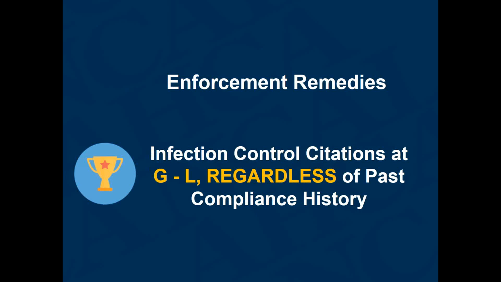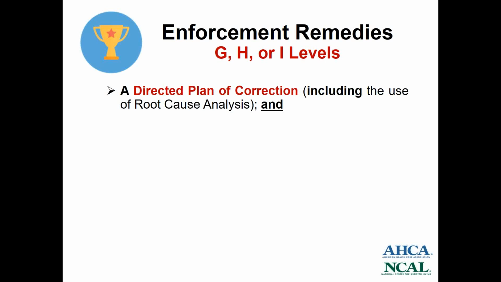What Pat has reviewed are what happens if I have 1, 2, or more deficiencies. But now the penalties change. In infection control with a G through L, the deficiencies are regardless of what your past history, and that's critical. Each one of the infection control remedies is a directed plan of correction, which includes the use of a root cause analysis.